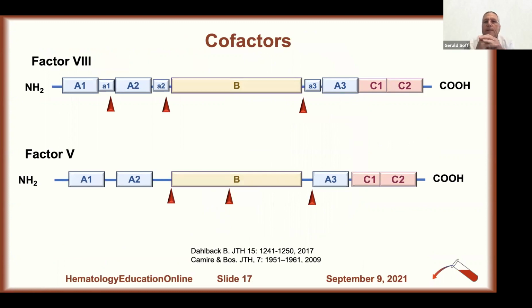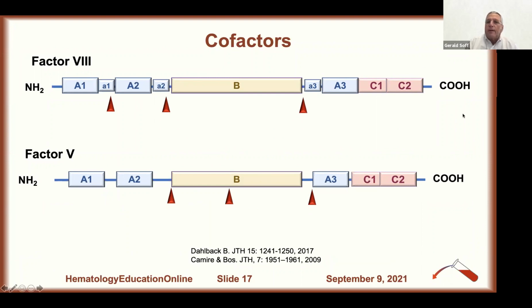Just like the enzymes have to be activated, the cofactors have to be activated. And tissue factor is one of the cofactors, but we're looking here at 5 and 8. And both of these also exist as pro-cofactors, requiring a series of proteolytic cleavages to become activated. So just like the enzymes require activation, the cofactors require activation as well.